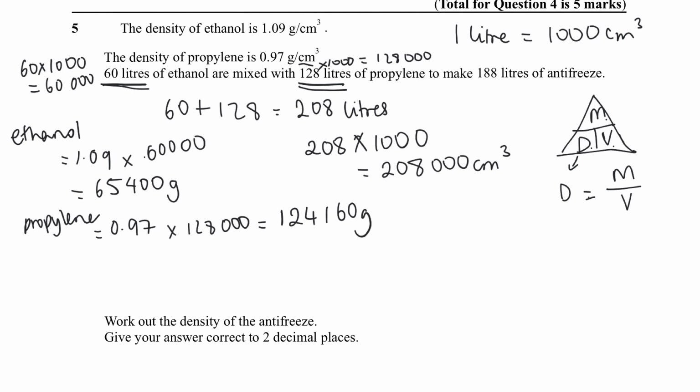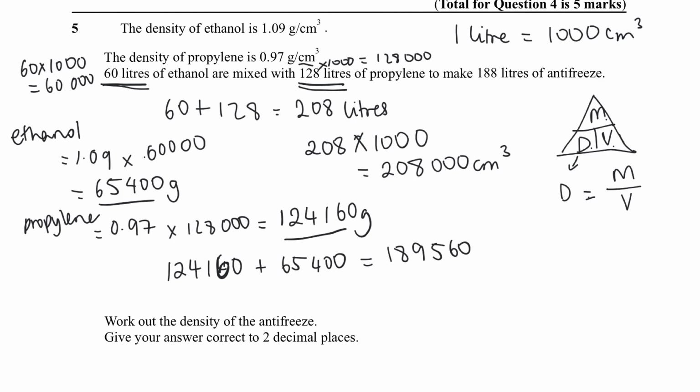Okay, so now we have their individual masses. To work out the total mass, we will just add those masses together, and that would leave us with an answer of 189,560 grams.